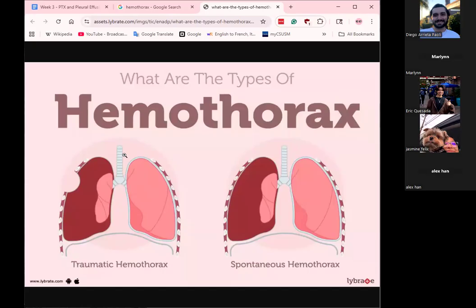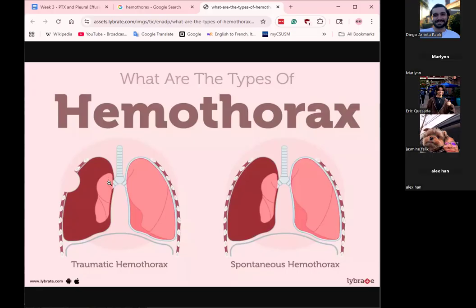But here, because either something got punctured, trauma could be a cause of it. Sometimes you can have spontaneous, although it probably wouldn't be hemothorax for spontaneous. It would probably be more of a pneumothorax, which is the exact same idea except with air.